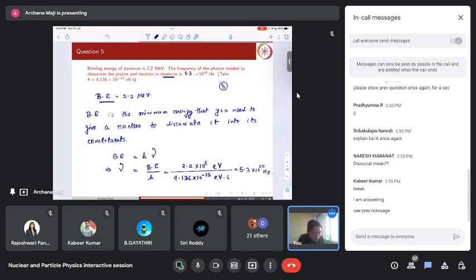By dissociate, it means that the deuteron will no longer be there, but you will have only a free proton and a free neutron, not bound together inside the nucleus of deuteron, but free. That's what dissociate means.